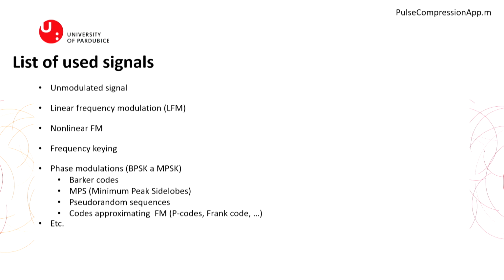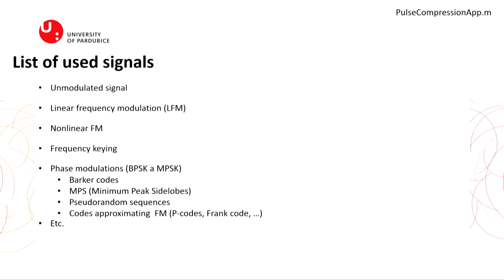Which signals do we use for radar? First, the unmodulated signal, which is a rectangular pulse. Then we use linear frequency modulation, LFM. Non-linear frequency modulation, it is NLFM. Frequency keying and phase modulations.